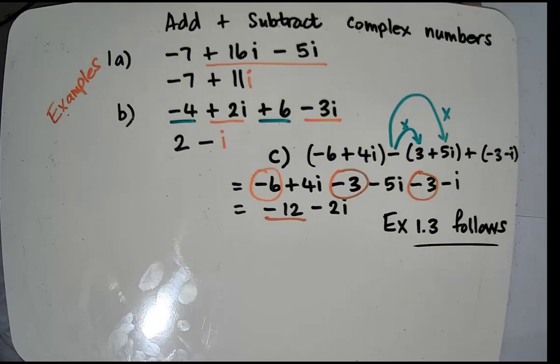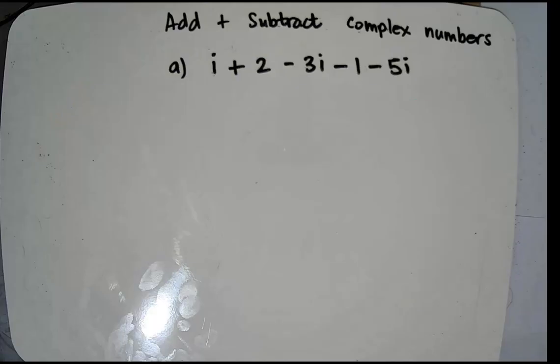Okay, exercise 1.3 follows. Right, here is A of exercise 1.3. Notice the first step is to group all the real and all the imaginary. These are the real numbers. So 2 minus 1 is 1. All the imaginary ones, let's think about it.